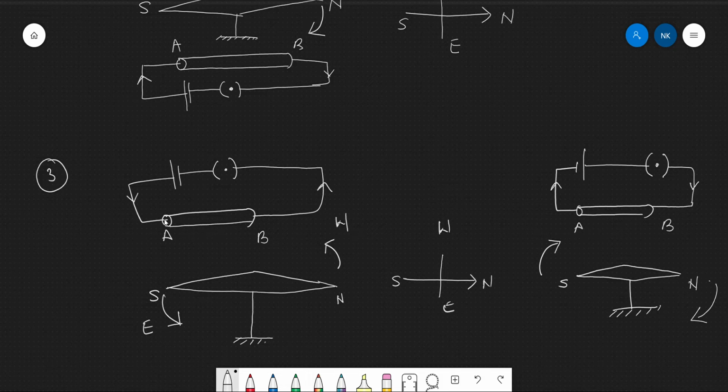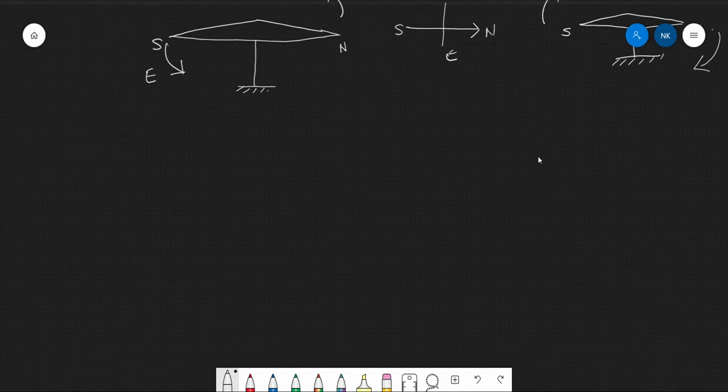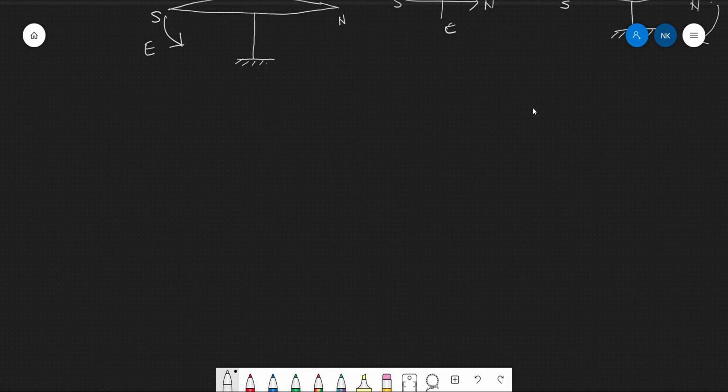Here it was flowing from A to B, and here it is flowing from B to A. In the first case, the north was turned towards west and south was turned towards east. In this case, south is going to turn towards west and north is going to turn towards east.